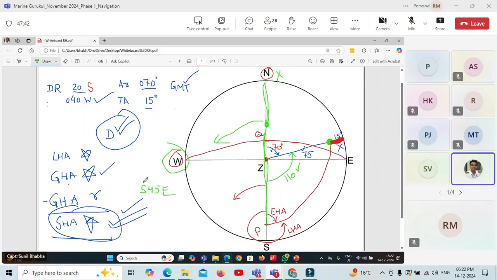For quadrantal azimuth, the reference will be the one which is given, south. So from the south direction, you go towards the easterly direction by an angle of 45 degrees. This is where the body is going to be. This is quadrantal azimuth.